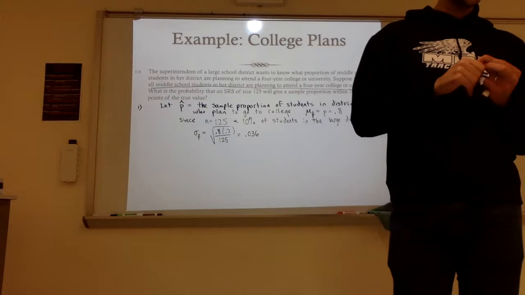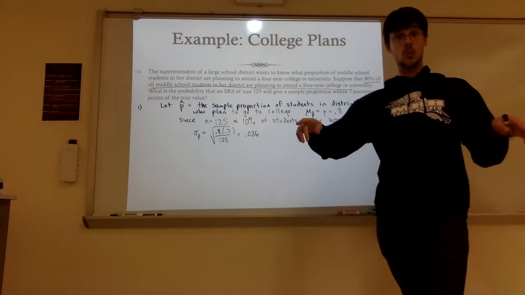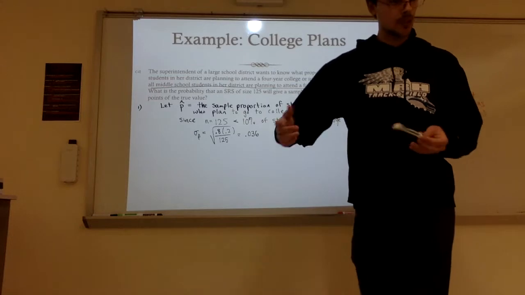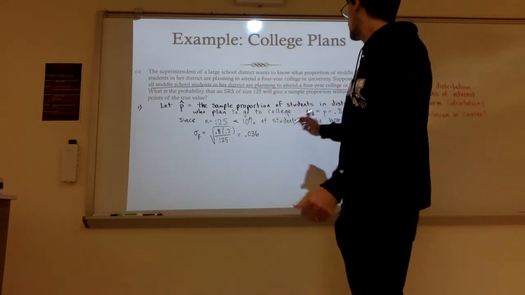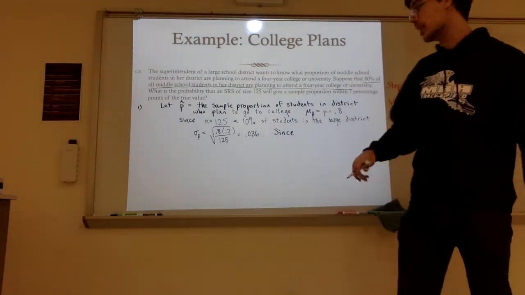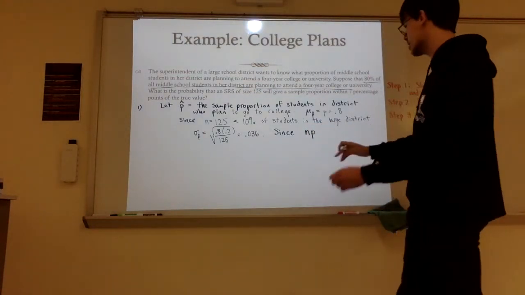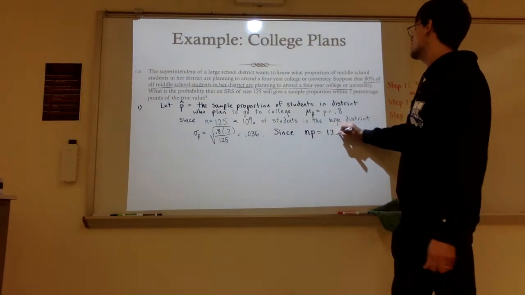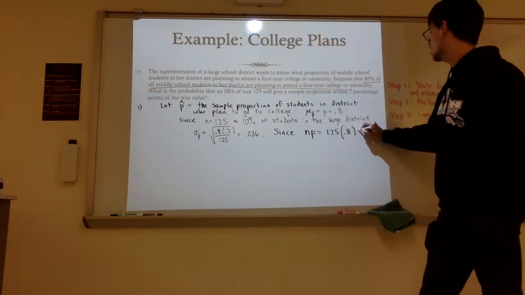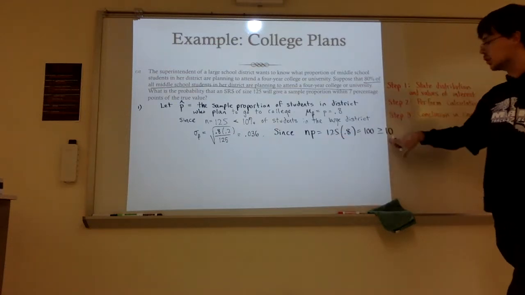One more thing we need to set up in this step is to establish that p hat, its sampling distribution, is approximately normal. In order to do that, you're going to use the large count condition that we established earlier in the section. So we have to check n times p and n times 1 minus p. Since n times p, and you don't have to put the symbols here, you can go straight to the plug-in step, that's 125 times 0.8. That's 100, which is greater than or equal to 10.